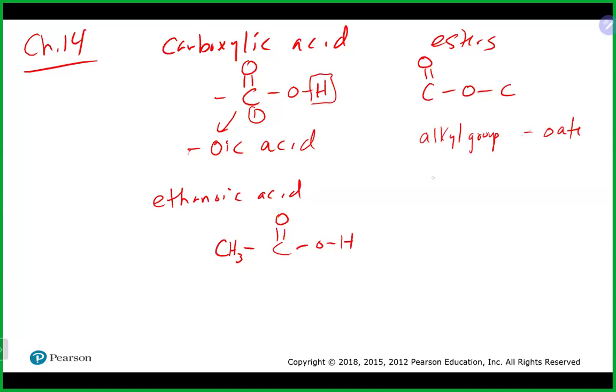And really remember that with an ester, if you break it right around here, if you go away from the double bond, that is your alcohol part of it, as these guys are made from a combination of an alcohol and a carboxylic acid in an esterification reaction. And if you go towards the double bonded oxygen there, that is going to be your carboxylic acid part.